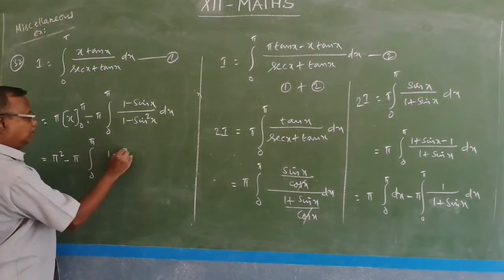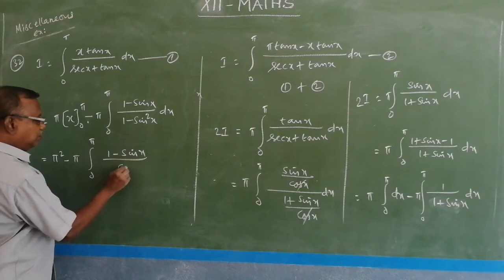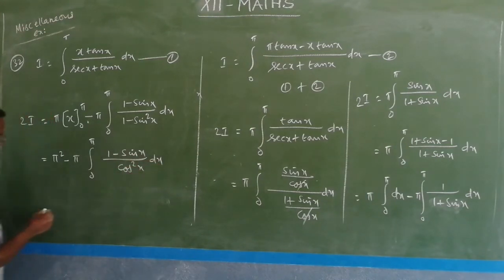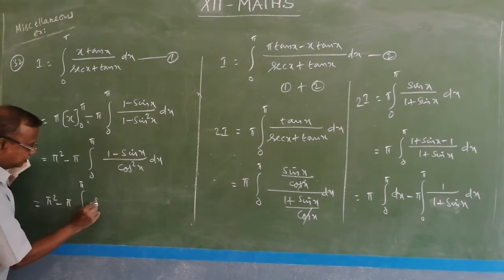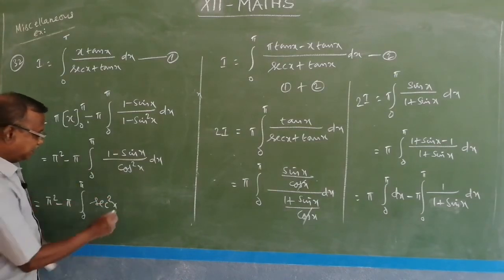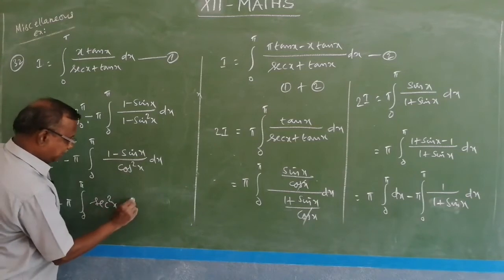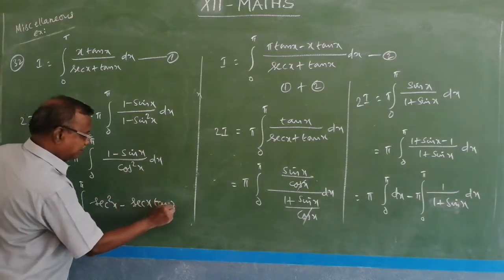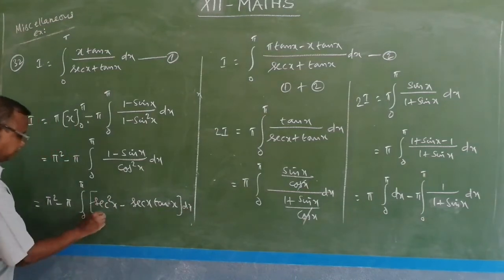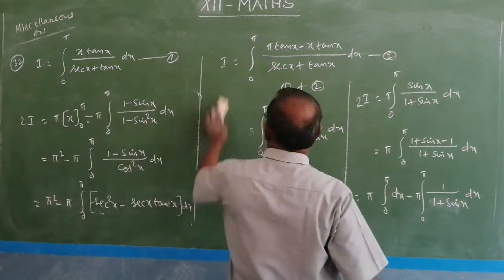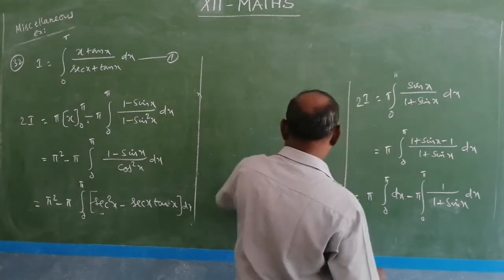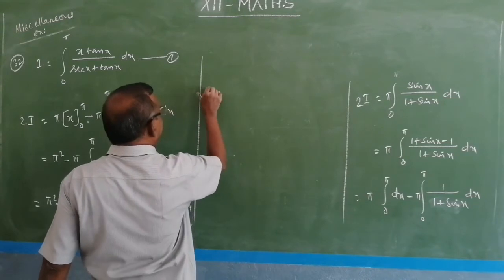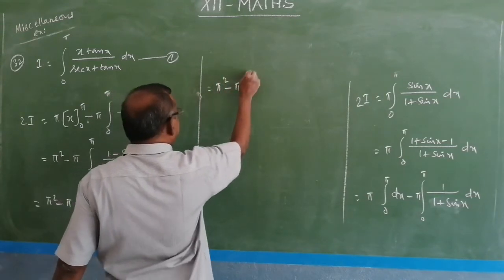We have 1 minus sin x divided by cos square x dx. So that can be written as pi square minus pi times the integral from 0 to pi of 1 by cos square x, which is secant square x, minus secant x tan x dx.